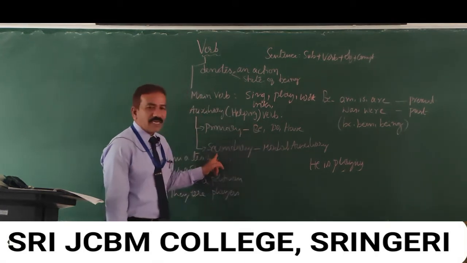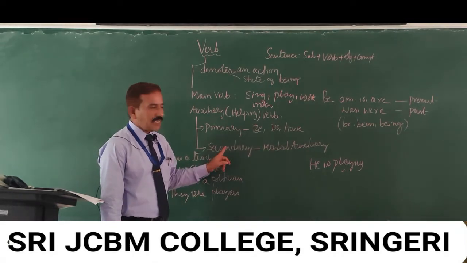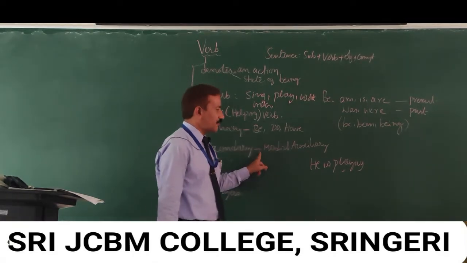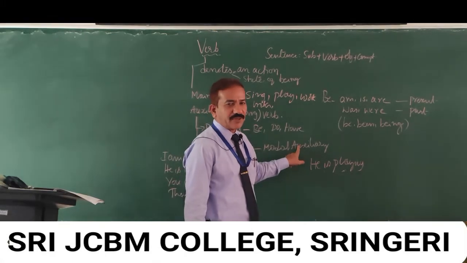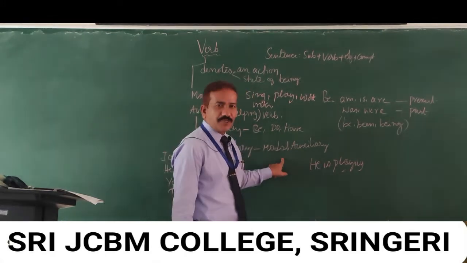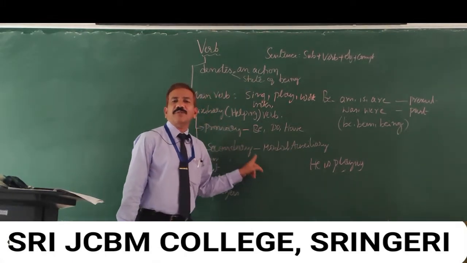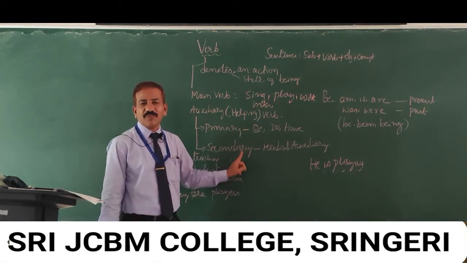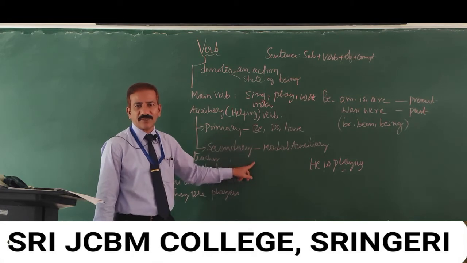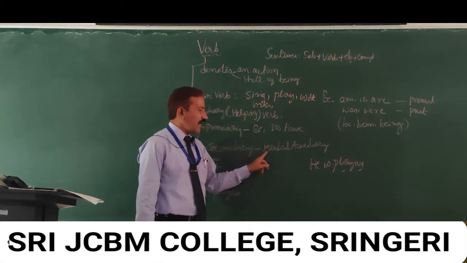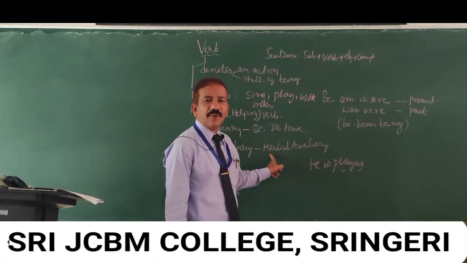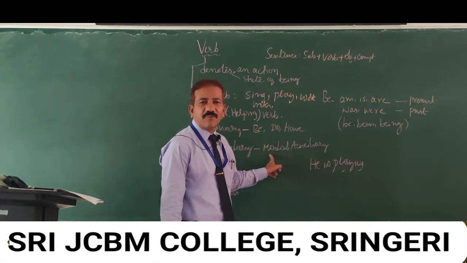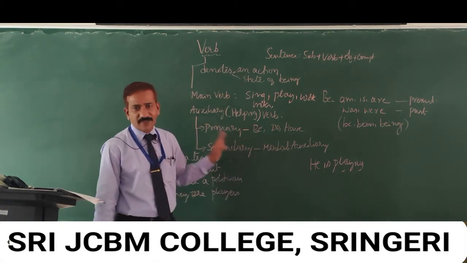Whereas secondary auxiliaries are also called modal auxiliaries. They cannot be used independently. They have to be used with other verbs only. That is why they are called secondary auxiliaries. Shall, will, may, might, can, could come under modal auxiliaries.